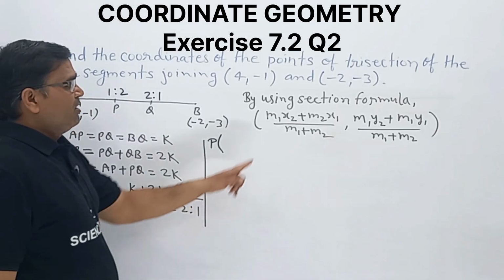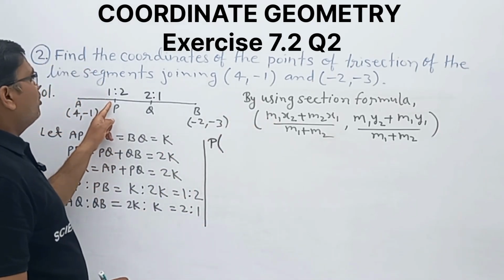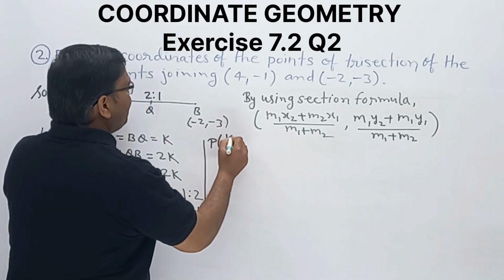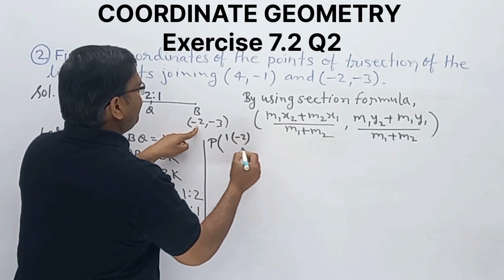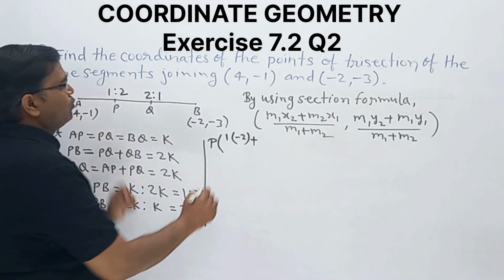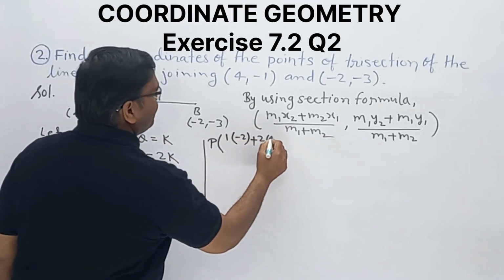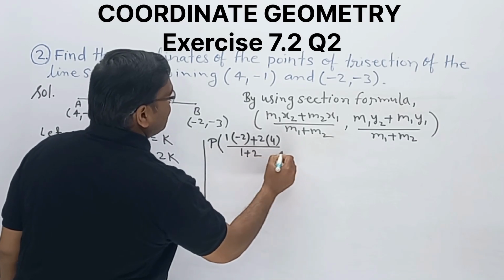Observe carefully. This is the section formula. We are using this one. For P, m1 value is 1. 1 times x2, where x2 is -2, plus m2, which is 2, times x1, which is 4, divided by m1 plus m2. Clear?